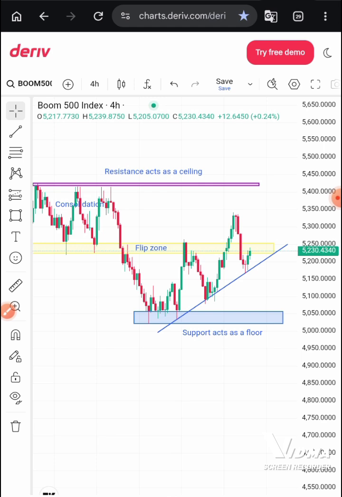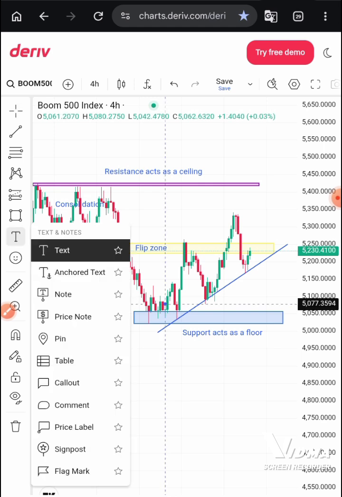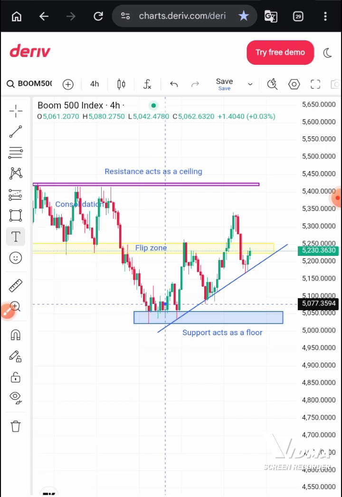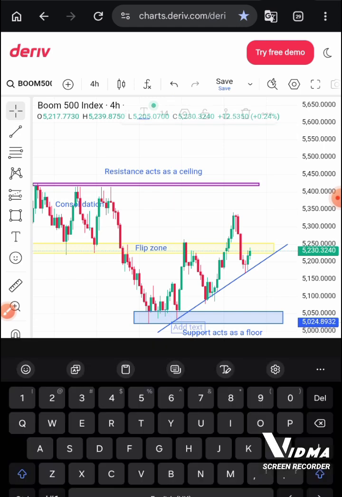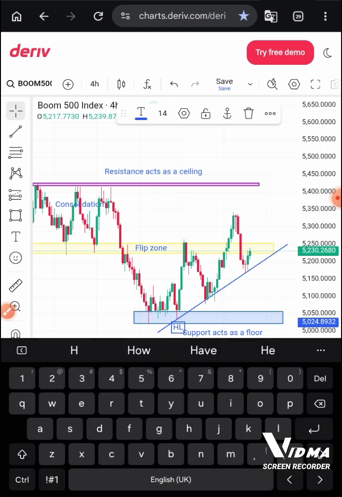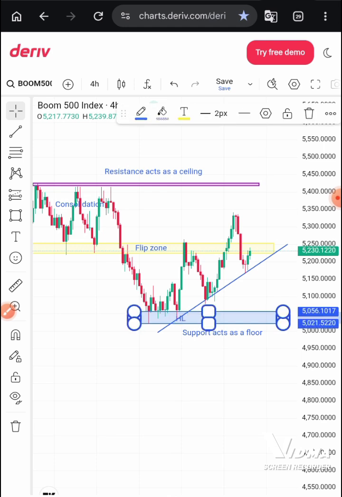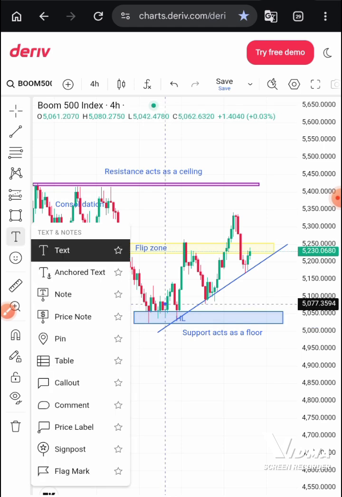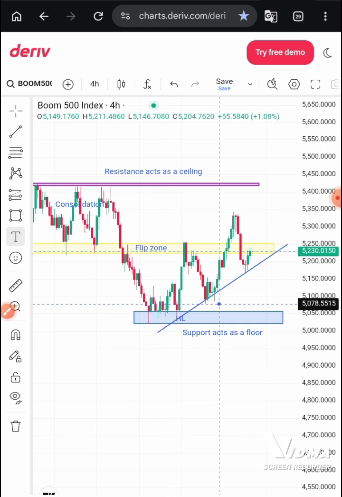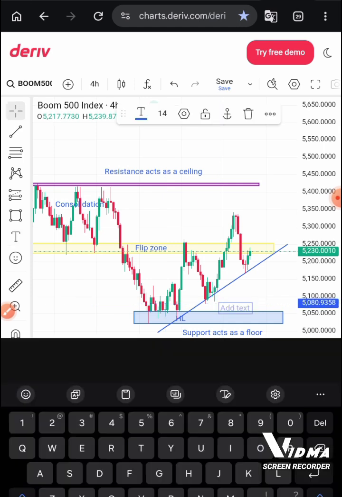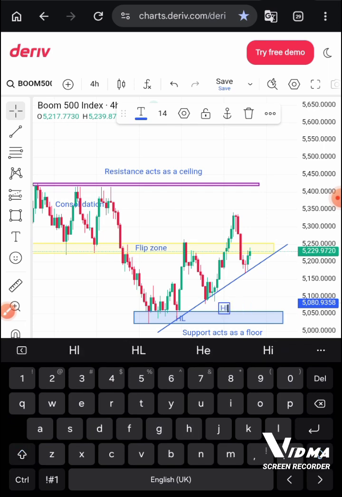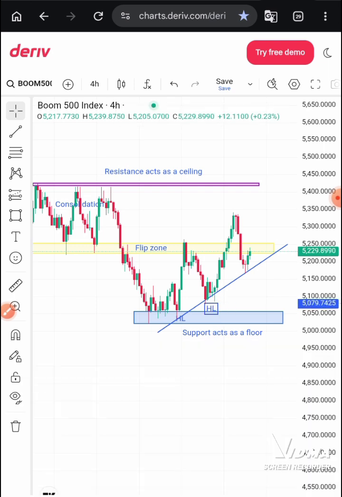We are seeing that here there is a higher low, just put it there, higher low, okay, we have a higher low here, there, okay, we have another higher low here, let me put it into capitals, there, okay, then here we have a higher high.